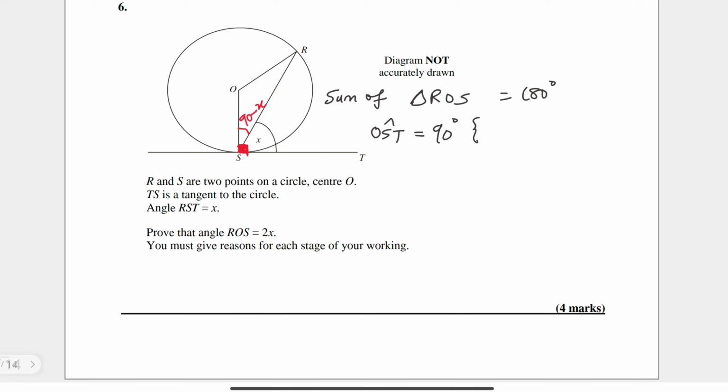And what is the reason for that? Tangent to the center of the circle. Let me just change that to make it easier.